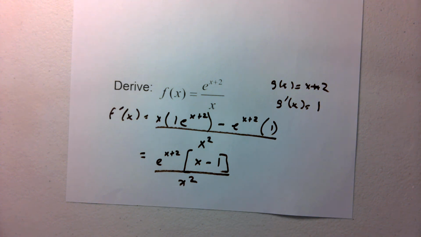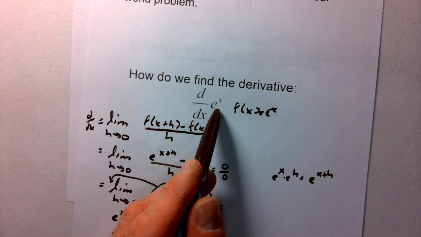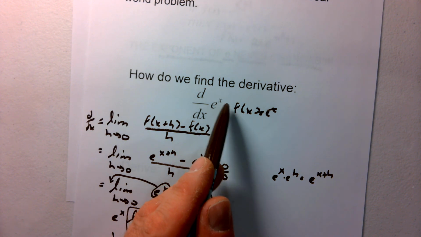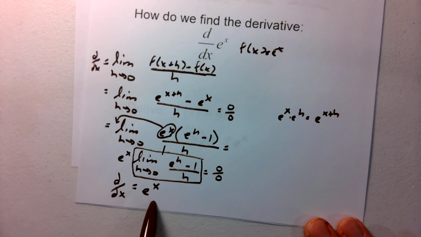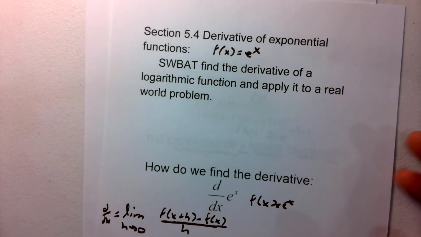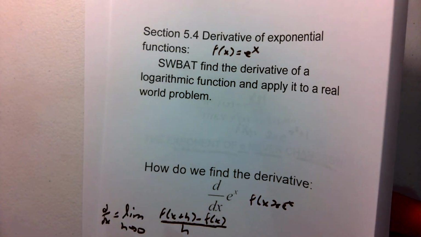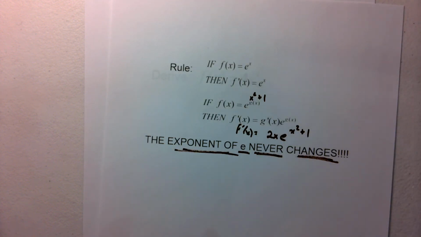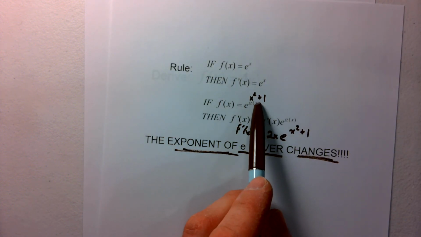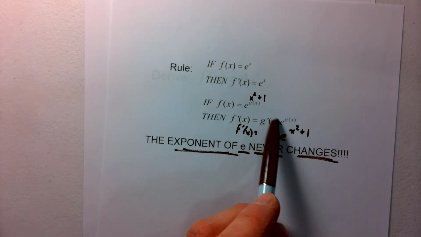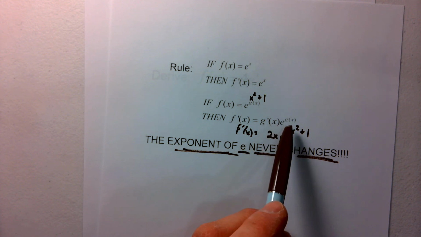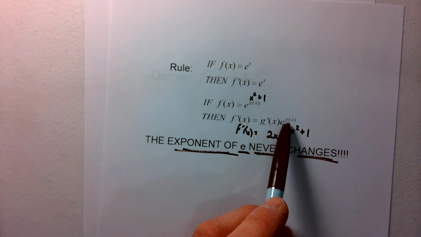So just to recap real quick, the derivative of e to a single variable is e to that single variable. If we have e to a function, so it's not just an x variable, then we've got to take the derivative of that exponent, multiply it to the front as the coefficient, and then leave the exponent alone.